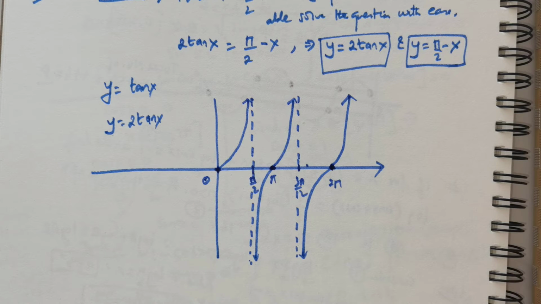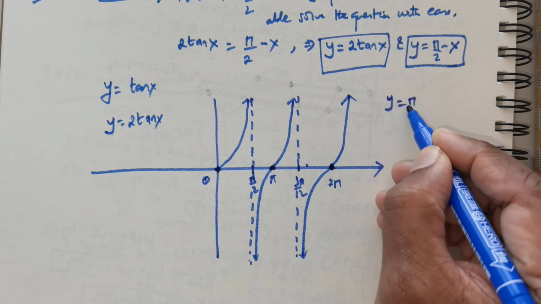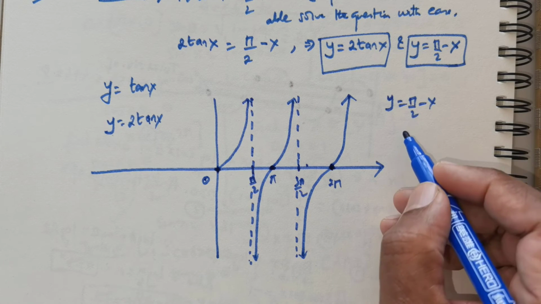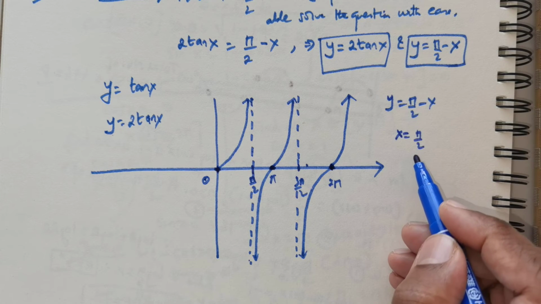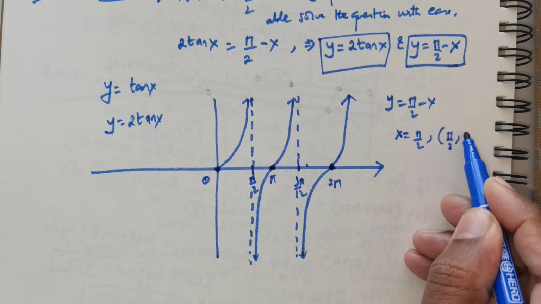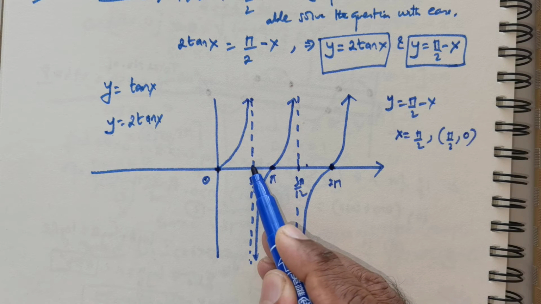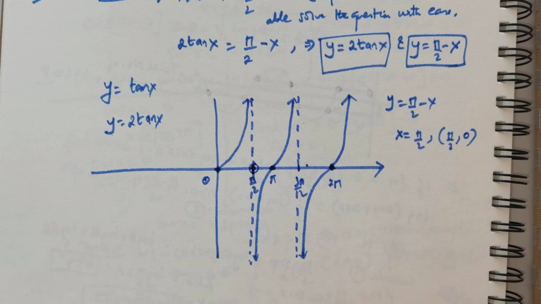Now the next step is to draw the graph for y = pi over 2 minus x. This is a straight line. We take the first point: when x = pi over 2, we get the point pi over 2 comma 0. So at pi over 2 we have an intersection. Just circle it up.